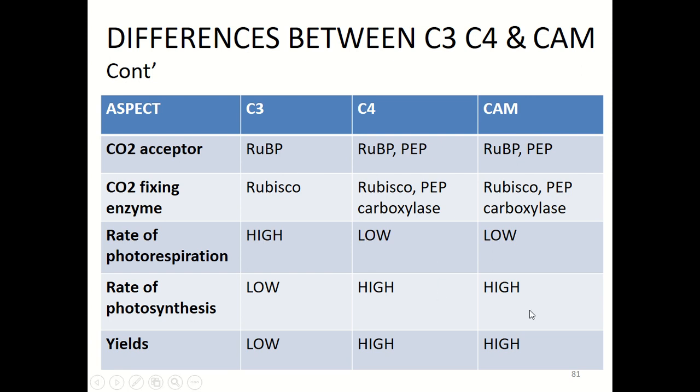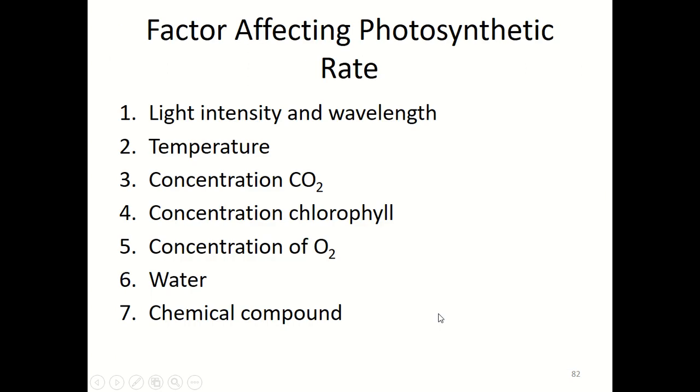And in C4 and CAM plants, the rate of photosynthesis is high because the rate of photorespiration is low. Therefore, in C3 plants the yield is low due to the low rate of photosynthesis, and in C4 and CAM plants the yields are high due to the higher rate of photosynthesis.